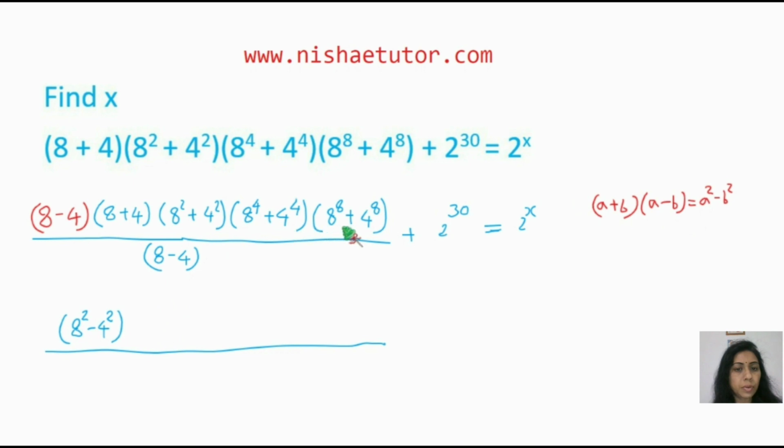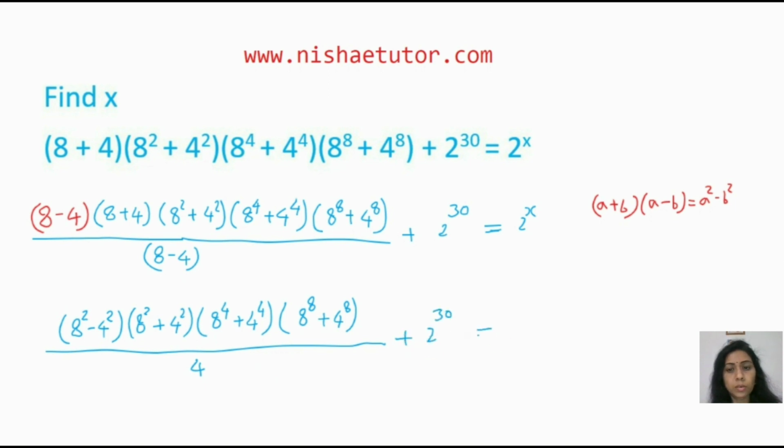Now this part we can write as it is. 8 minus 4 is 4, plus 2 to the power 30 equal 2 to the power x.